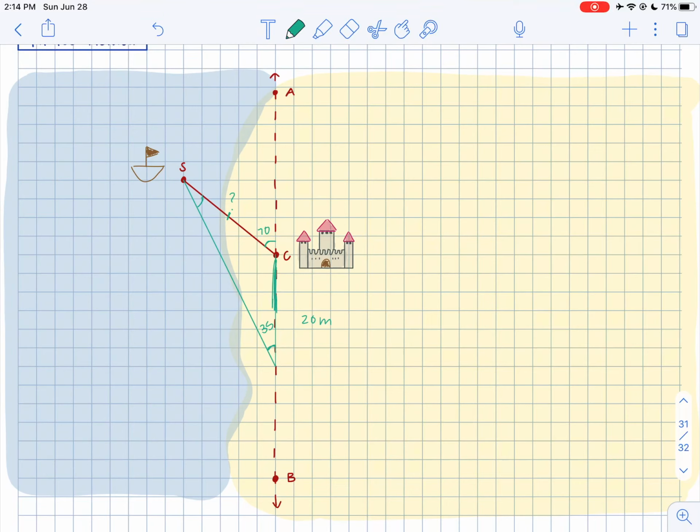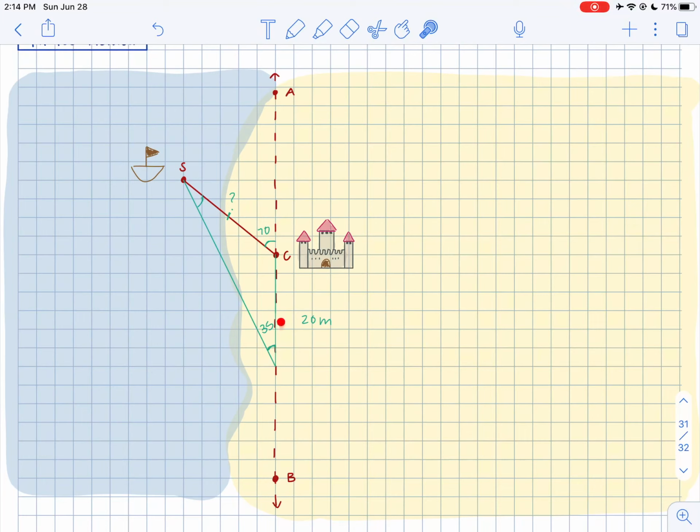Because what if he only walked this distance and then it connected this way? Well, it would probably be maybe 50 degrees. Okay, so that's not an isosceles triangle yet because this has to be half of this.